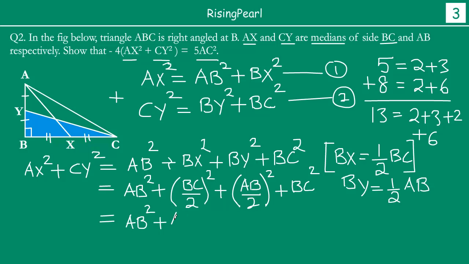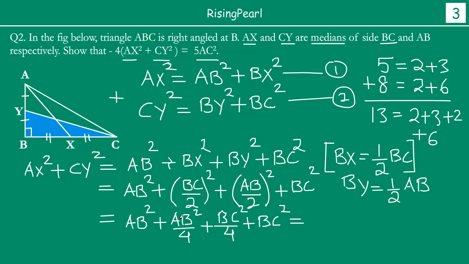So you will get AB square by 4 plus you have BC square by 4 here, which is this term, plus BC square.